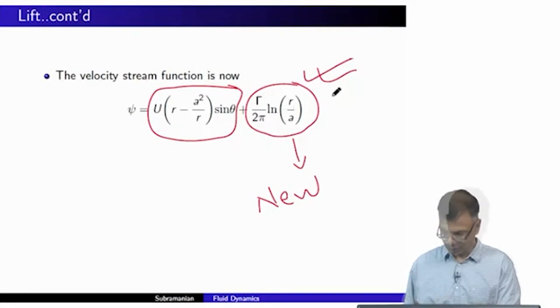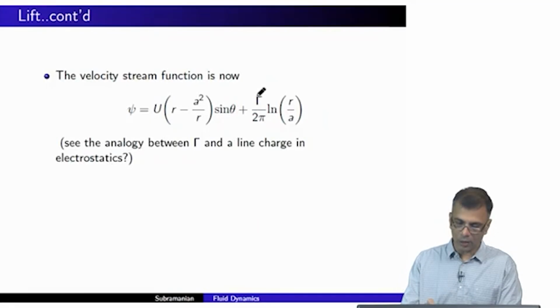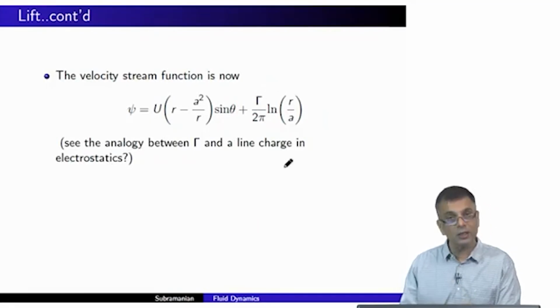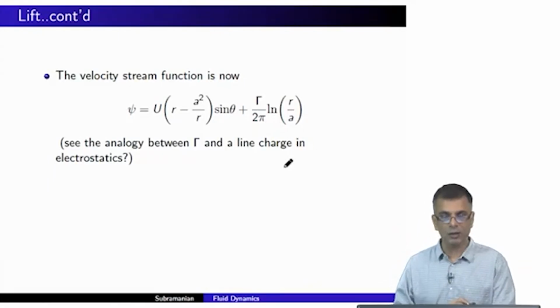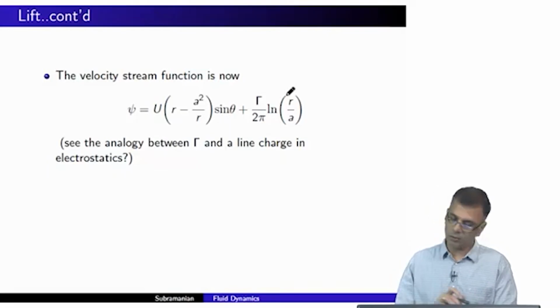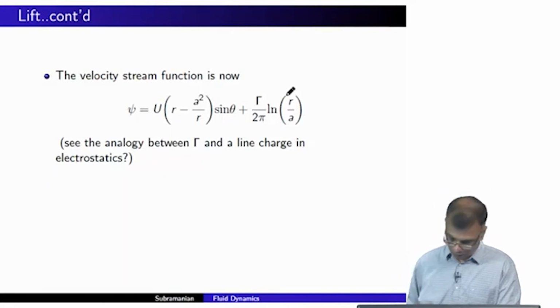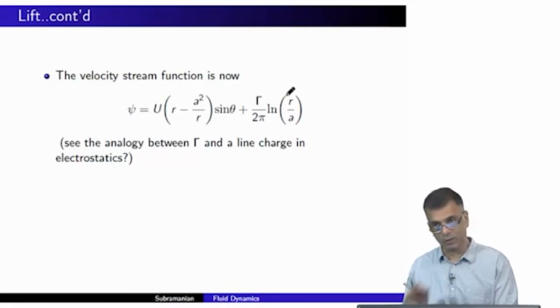And notice the analogy between this gamma term and a line charge in electrostatics. Remember, the potential due to an infinite line charge looks exactly like this. There's a logarithmic dependence on r, so the analogy is exact. Now this is the stream function, and by the definition of the stream function, you remember how the velocity is derived from the stream function.